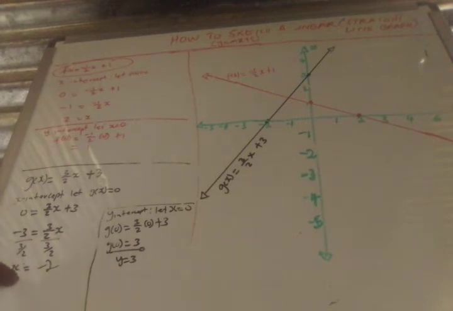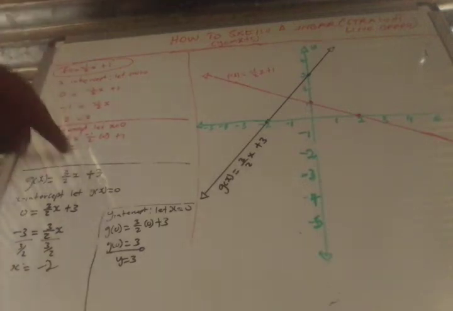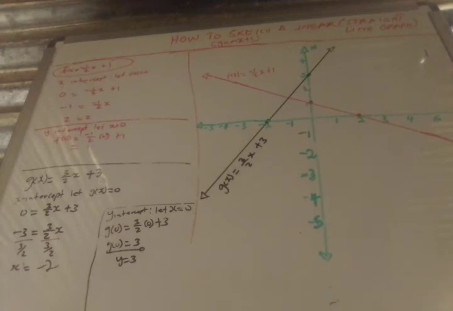What does it mean? The graph of g will touch the x-axis at x equals negative 2.